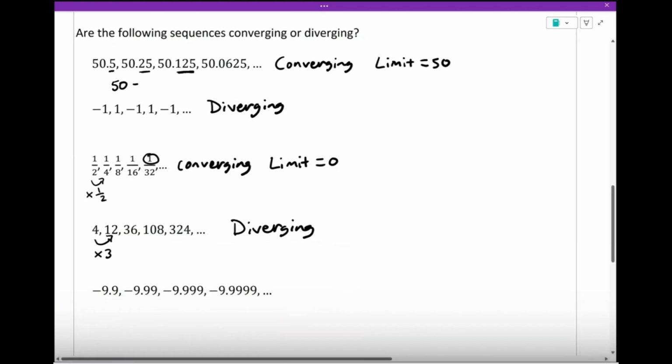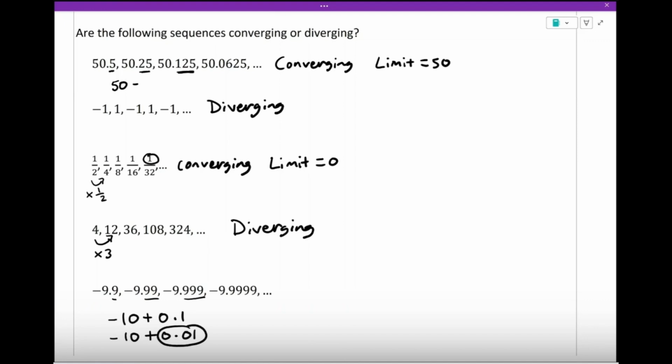If we look at all my terms, the -9 is common throughout. The only thing that's changing is the decimal places: 0.9, 0.99, 0.999. It seems the decimal places are getting bigger and bigger. One way you could think about this is -9, subtract a larger and larger value each time. However, another way of thinking about it is -10 plus a smaller and smaller value each time. The first time it's plus 0.1, then it's negative 10 plus 0.01.